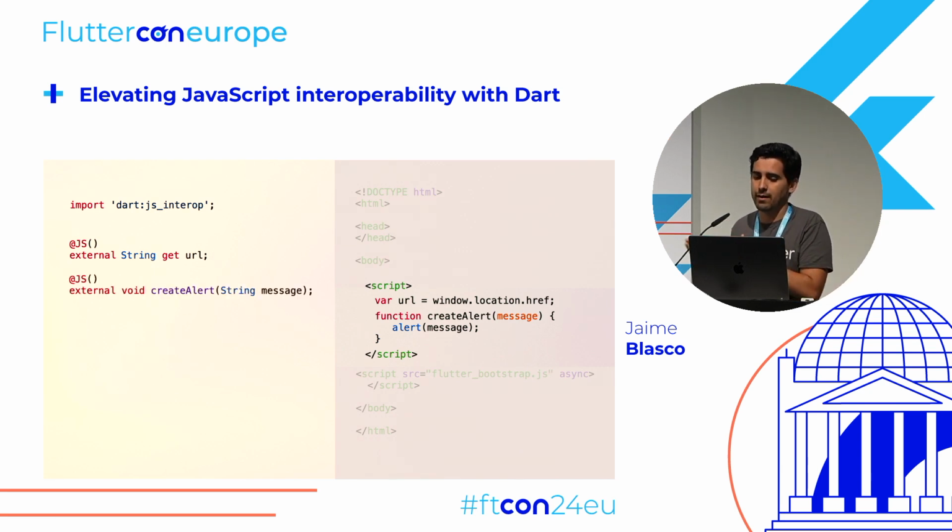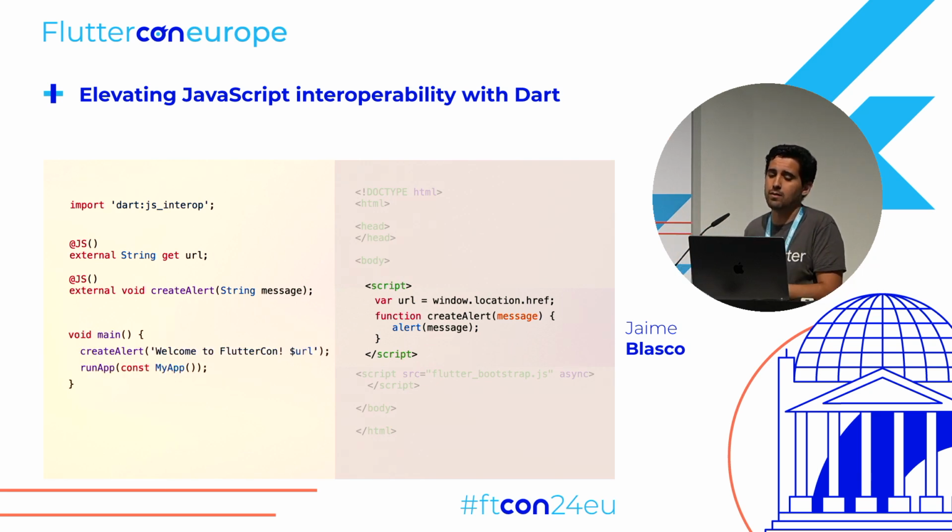We'll have to define the interface of the method itself. It doesn't return anything. The name is createAlert, the parameter is a string message, and again we tell it that it is an external method coming from a JS annotation.